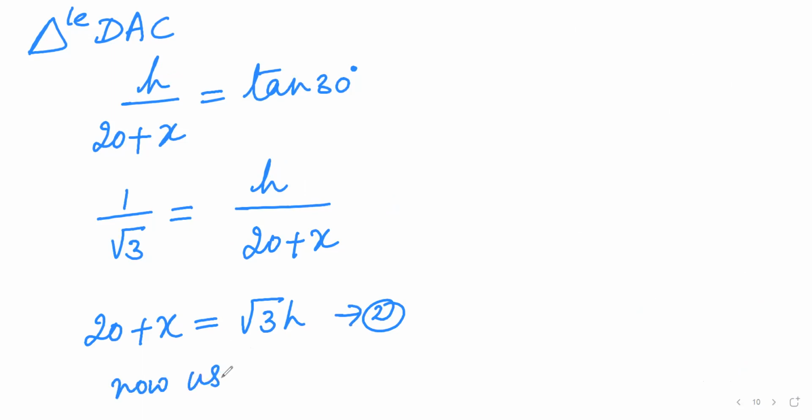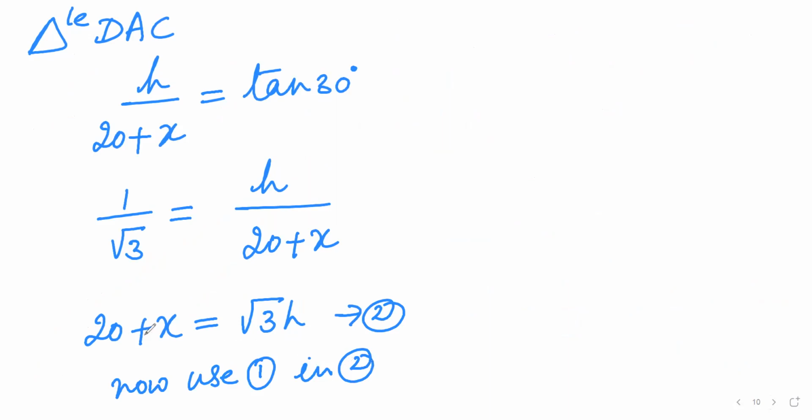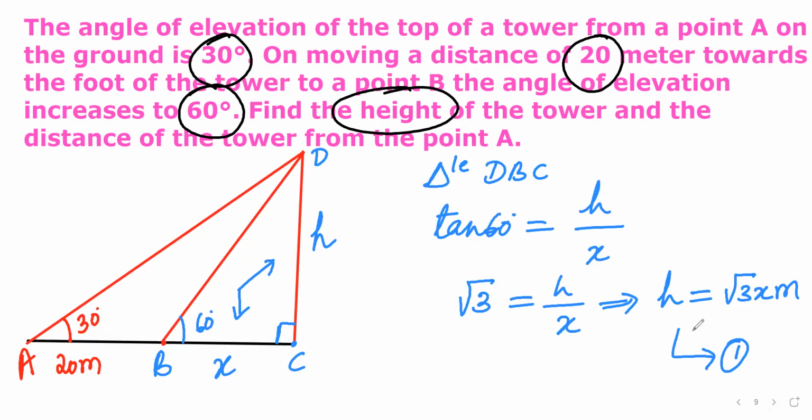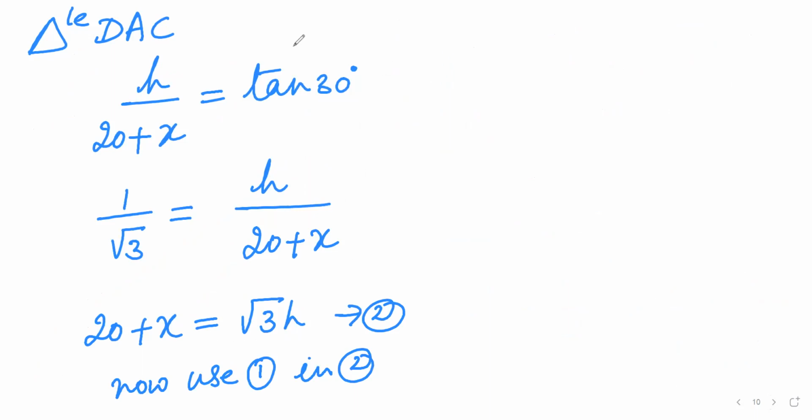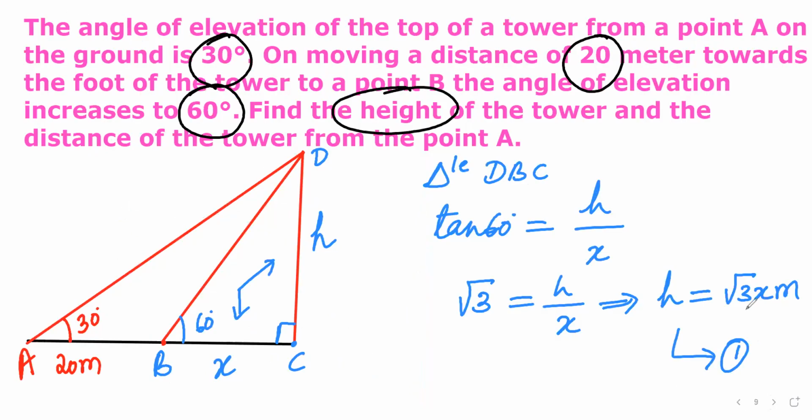Now, use equation 1 into equation 2. Equation 1 is here and equation 2 is here. Now in the place of H, we have to put this value. Very simple. 20 plus X equals root 3 into the H value, which is root 3 into X, correct?